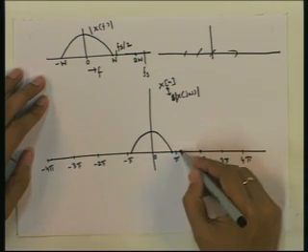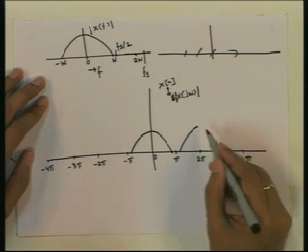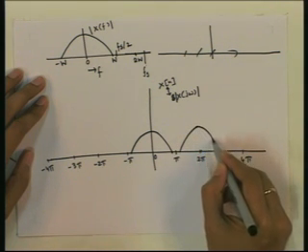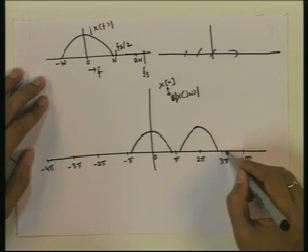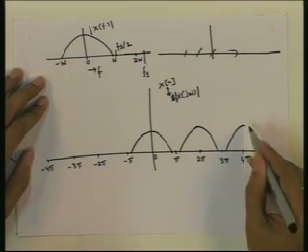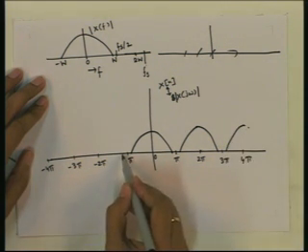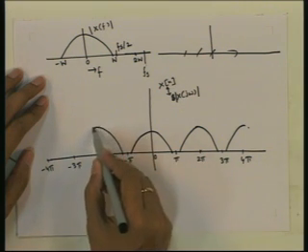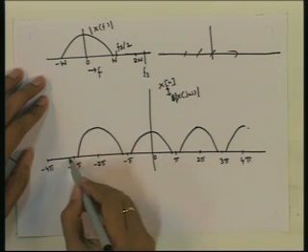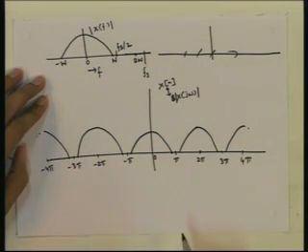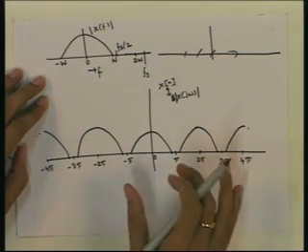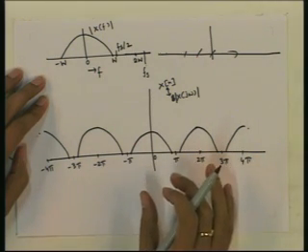So, we will get a copy of this here and at 4 pi here, then at minus 2 pi like this, then at minus 4 pi like this, and so on. So, this is the periodic DTFT of the sampled signal.